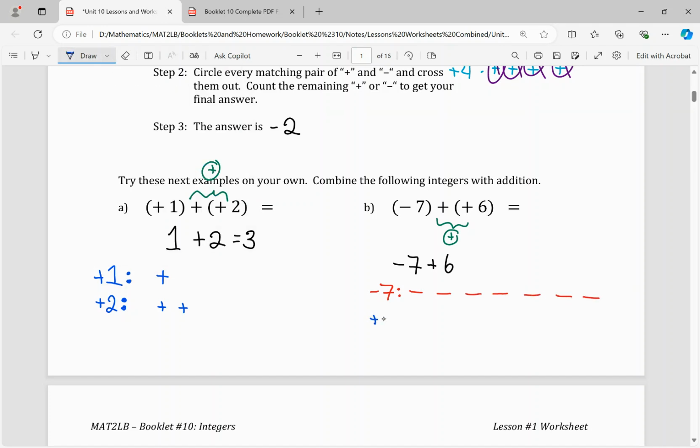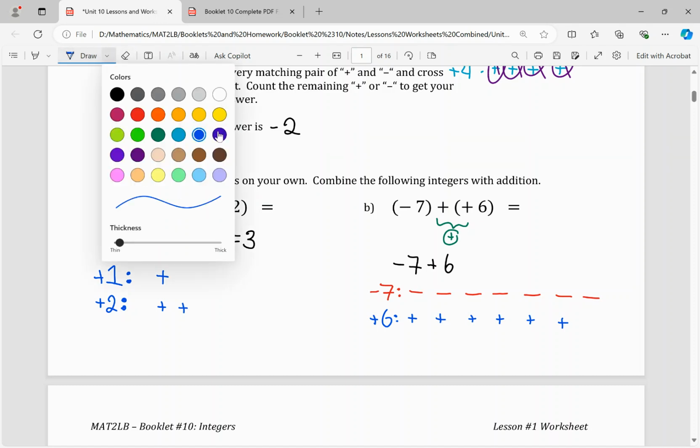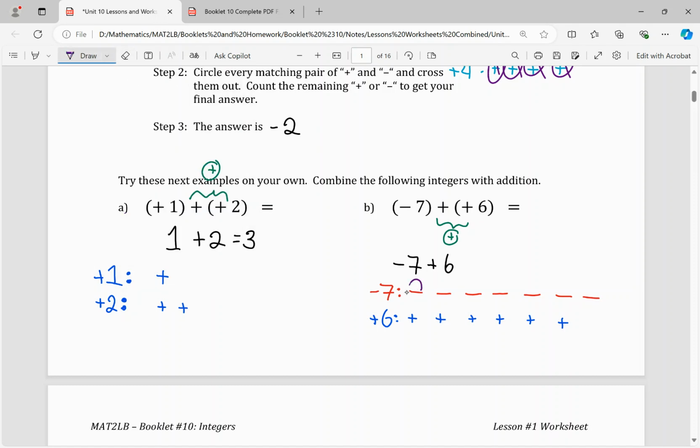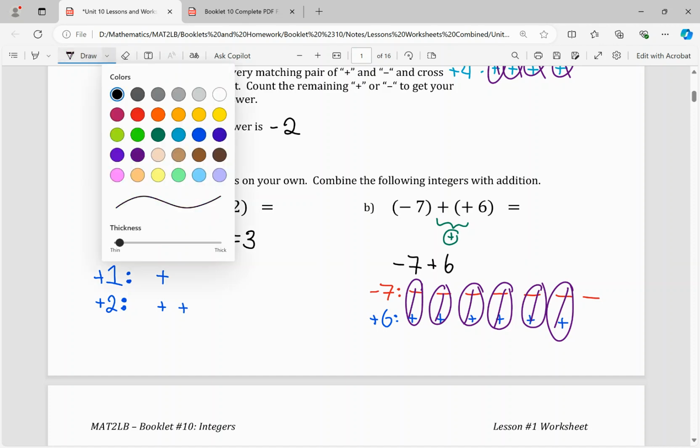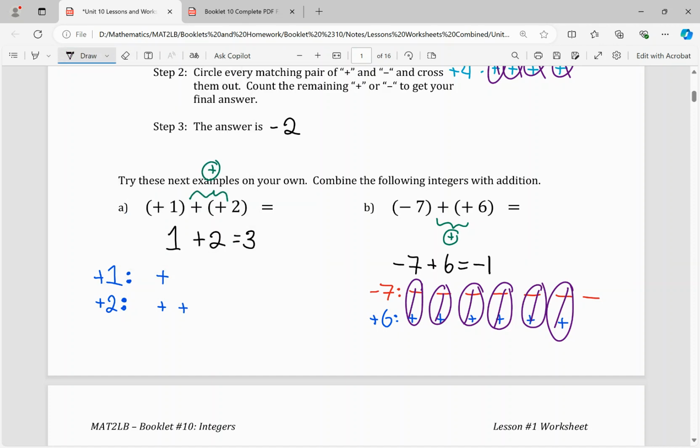And then the positive 6, I'm going to draw 1, 2, 3, 4, 5, 6 positive symbols. Group them together because these are all going to cancel out. And we're left with a single negative. So the answer is going to be negative 1.